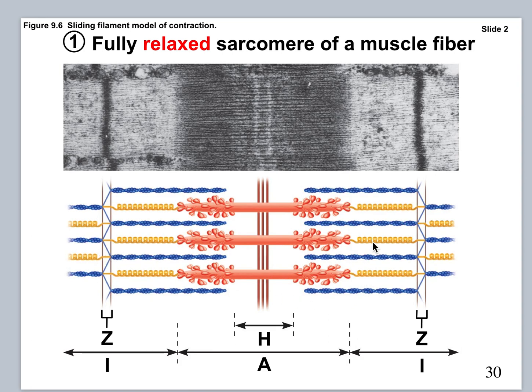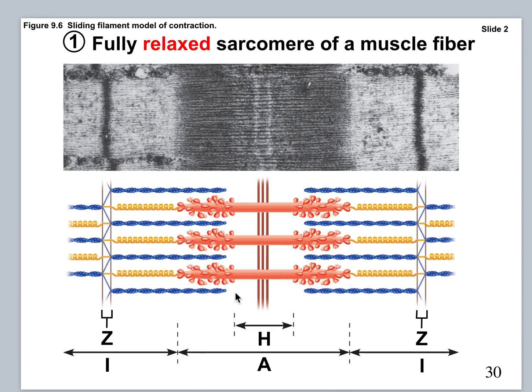Here's an I band on this side. The A band, you can see, is the same width as the thick filament. A is anisotropic, so it means it's not a single fiber. It's got the thick filament and some thin filaments, both thick and thin filaments in the A band. The H zone is this space in the middle. It's between the thin filaments.